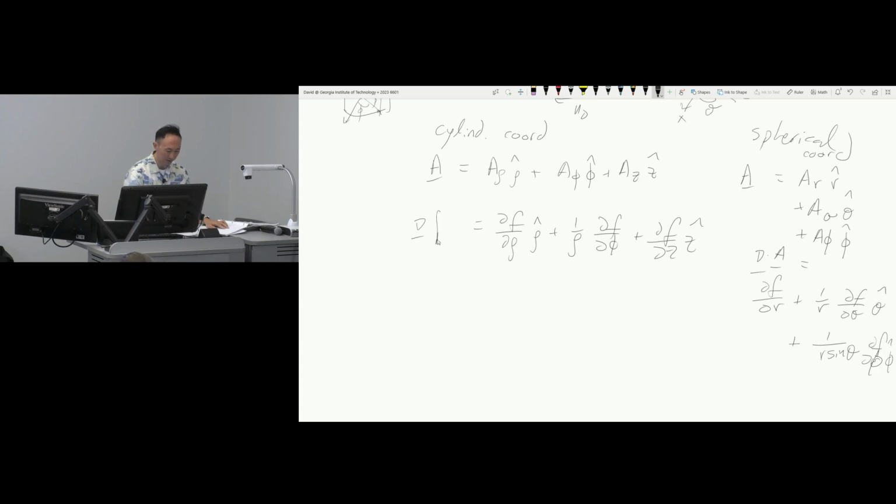Sorry, del f, gradient f. This is gradient f. And del squared f, for cylindrical, you have 1 over rho d d rho of rho df d rho plus 1 over rho squared.